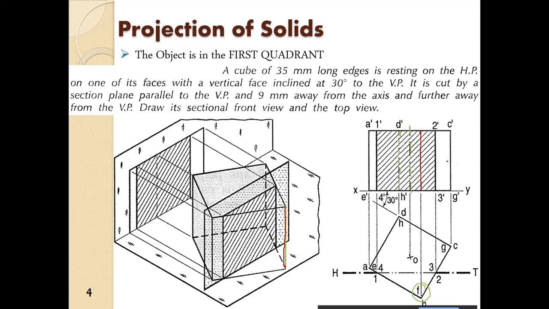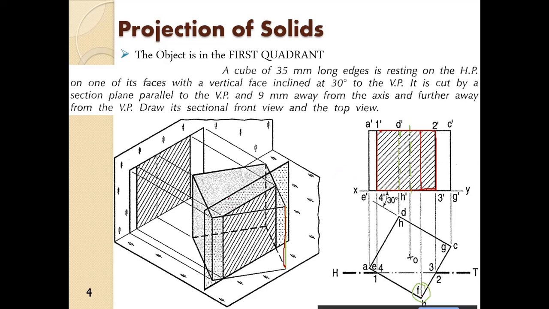And this is the surface of intersection. So that is what we have to do. It is not very tough. It is just as we did in the projection of solids, simply like that.